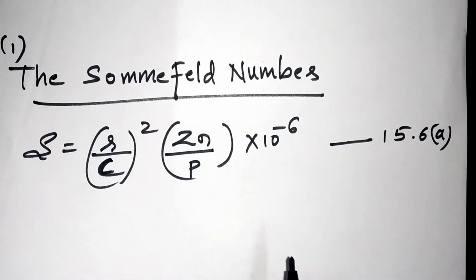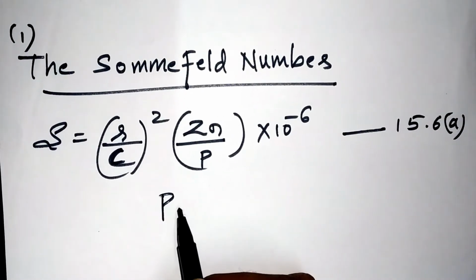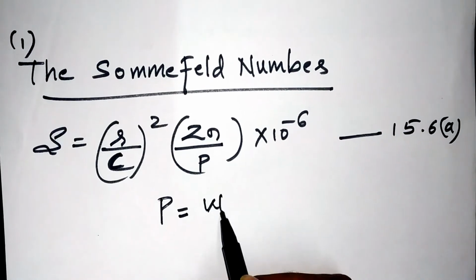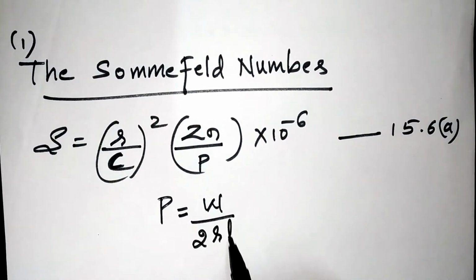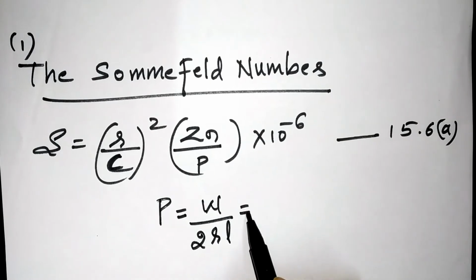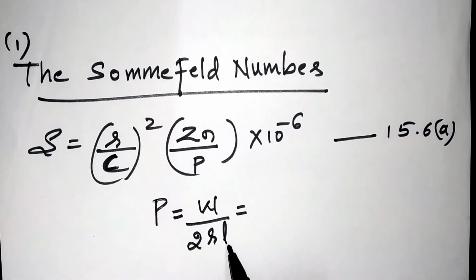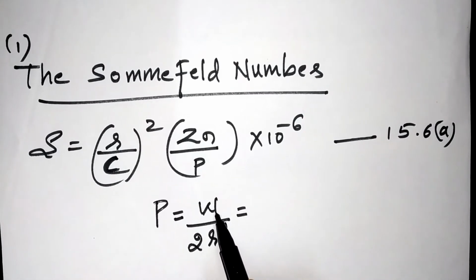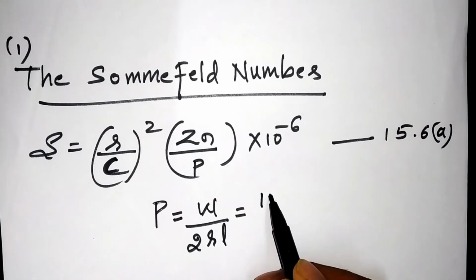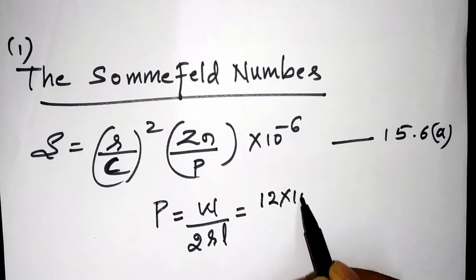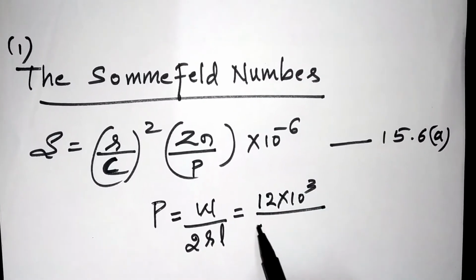The formula for P, from your data handbook, is W divided by 2RL. W indicates the load here, R is the radius and L is the length of the journal bearing. The radial load in the problem is given to be 12 kilonewton, so I will write it in newtons, 12 into 10 to the power of 3, divided by 2 as it is.